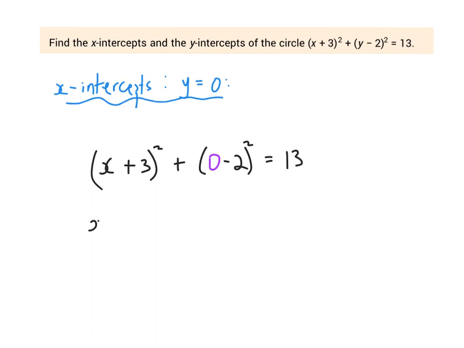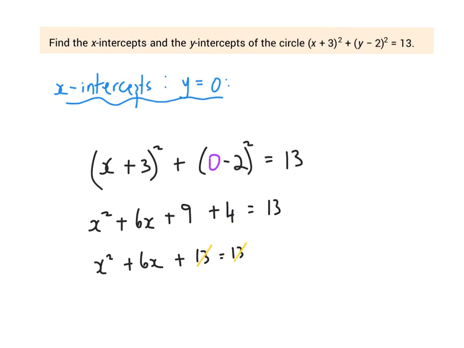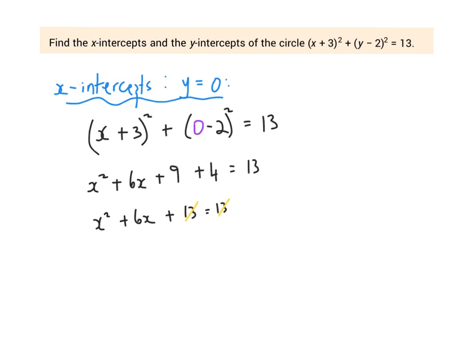So let's expand that out and solve. So that's x squared plus 6x plus 9, plus minus 2 squared is plus 4, equal to 13. So x squared plus 6x plus 13 is equal to 13. So minus 13 from both sides, they cancel, and that gives us x squared plus 6x equal to 0, which is x times (x plus 6) equal to 0.